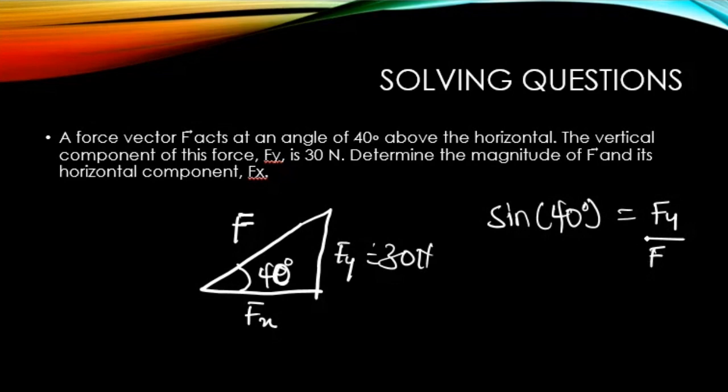Now that we are trying to find F, we just cross multiply. You see that we get F to be equal to Fy over sine 40.